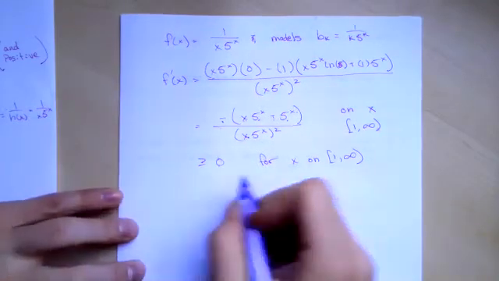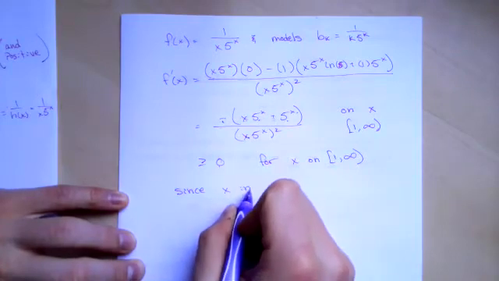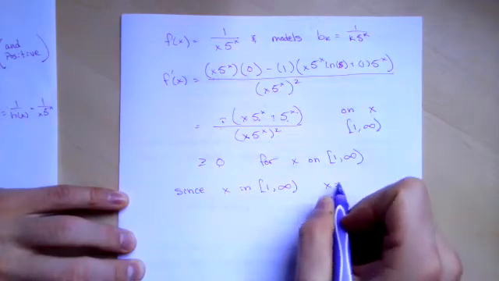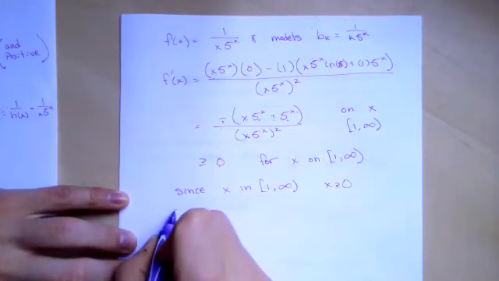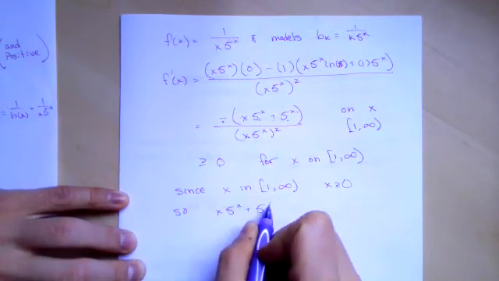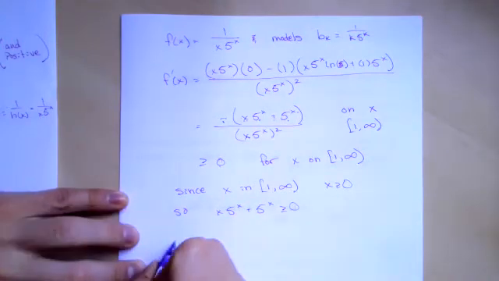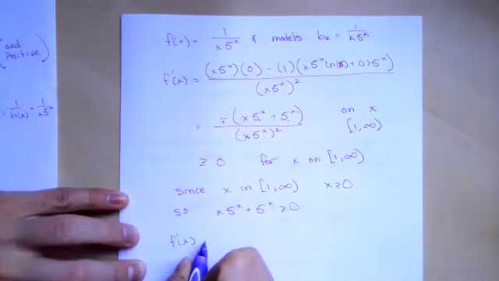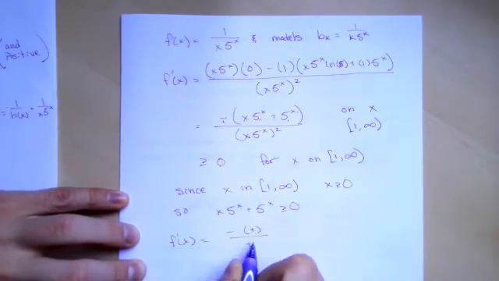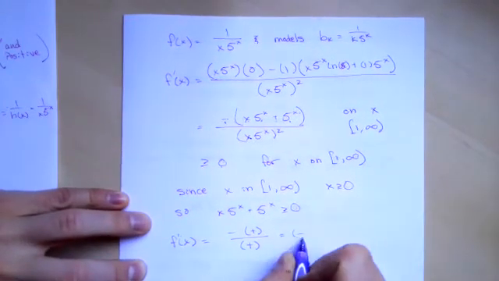If you wanted to say a little more, you could say since x is in 1 to infinity, x is always positive. So x5 to the x plus 5 to the x is always positive, which means f prime of x, if you want to do a number line type thing, we have a negative times a positive divided by a positive, which is equal to a negative.